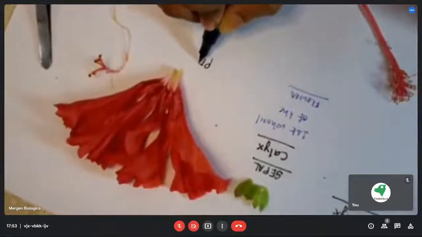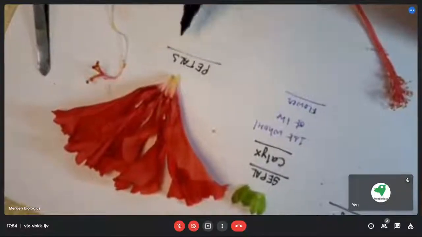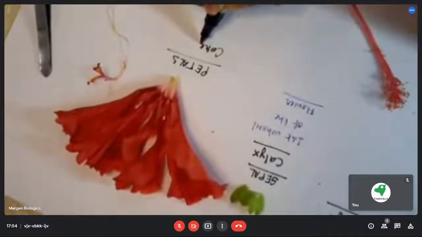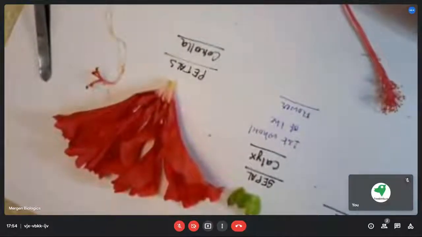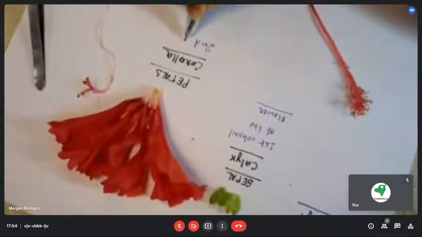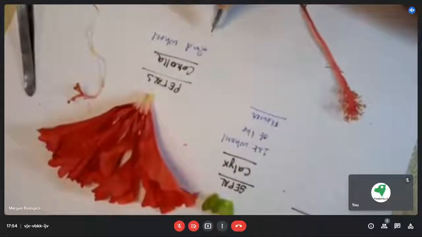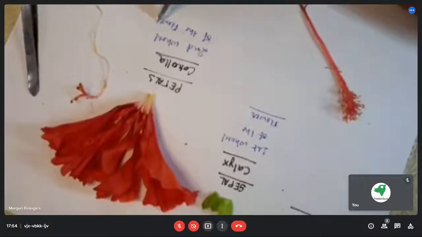These are the petals or corolla, the second whorl of the flower.